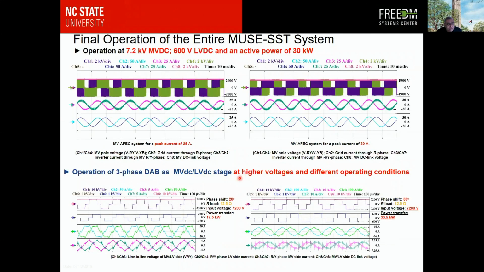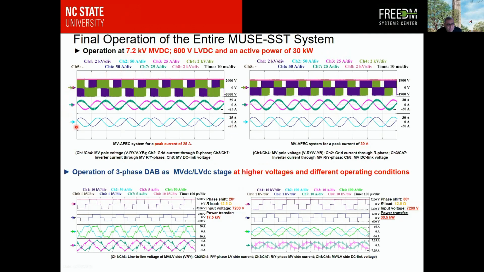Then we go into the full operation of the system with a DC bus voltage of 7.2 kV, and this is interfacing a 4160 volt on the AC grid side and delivering around 400 volts at 30 kilowatt on the low voltage side.